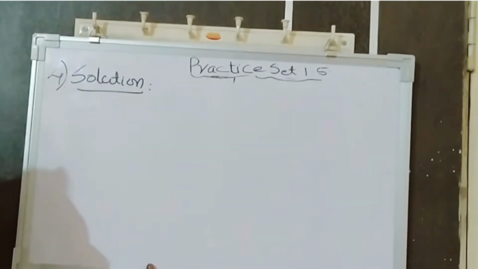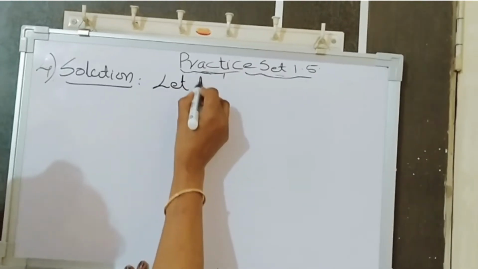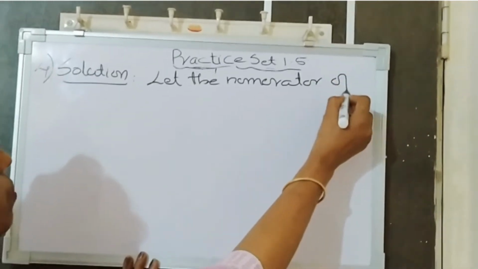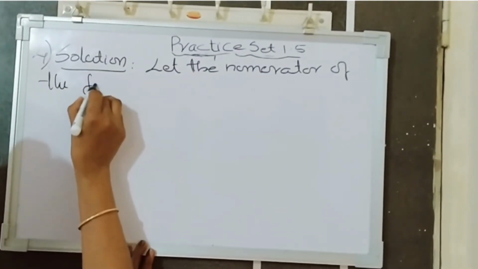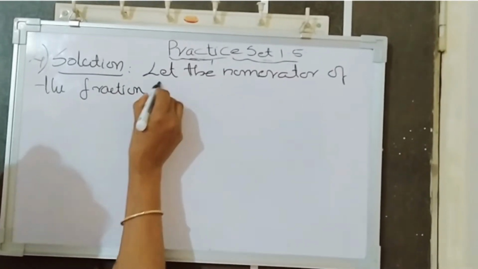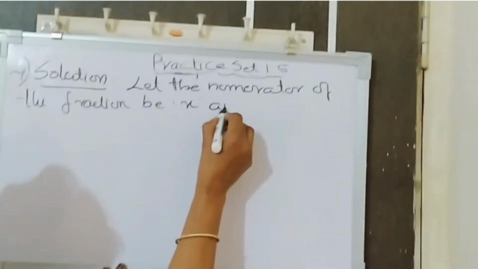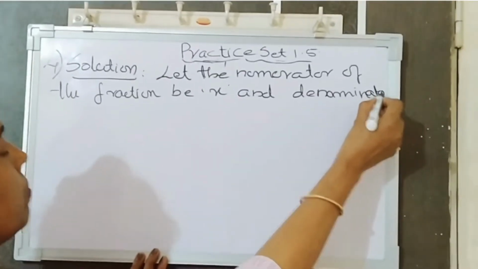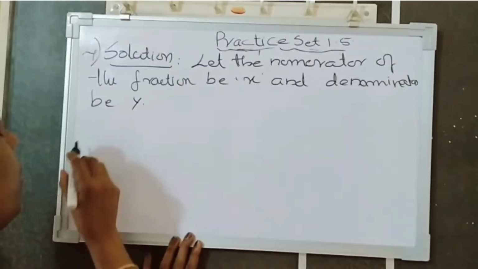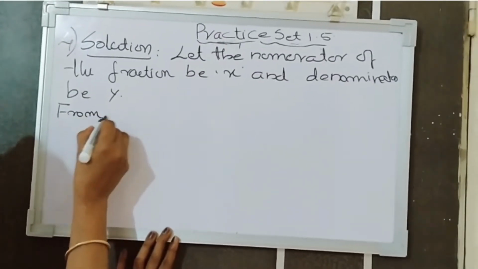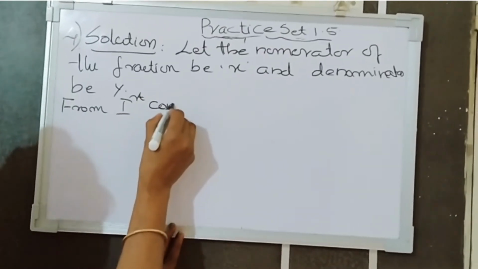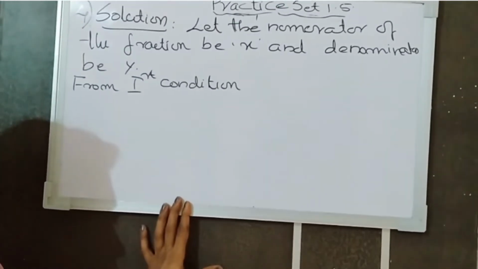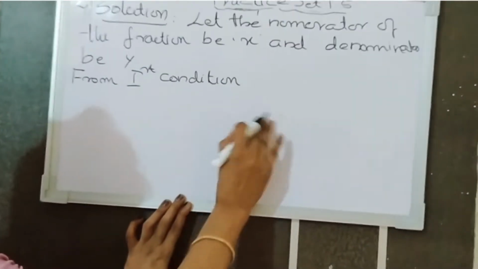Therefore, first let the numerator of the fraction be x and denominator be y. From the first condition, the denominator of the fraction is 4 more than twice the numerator.